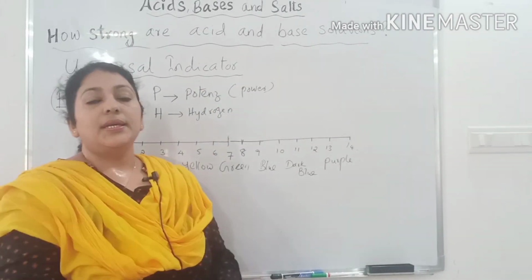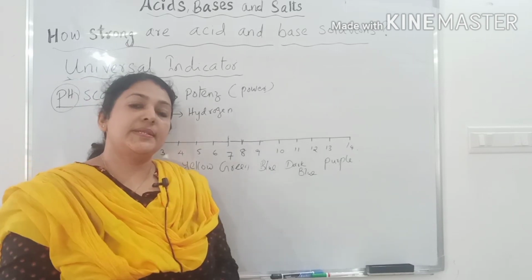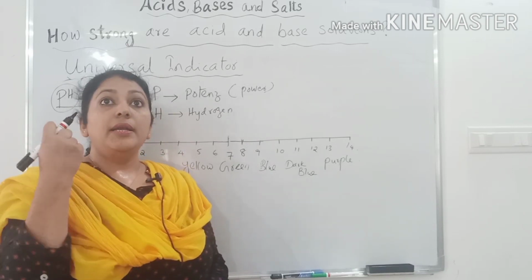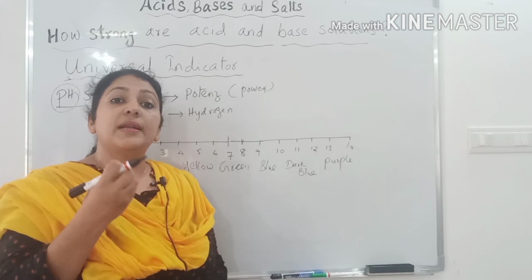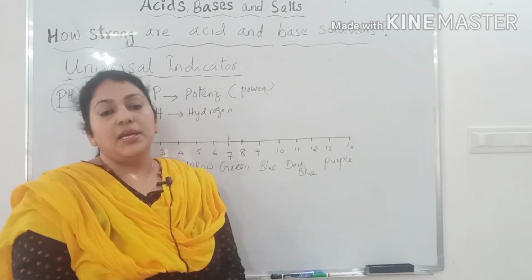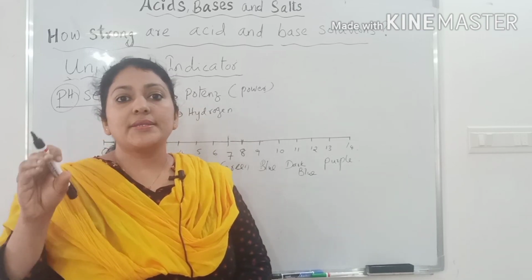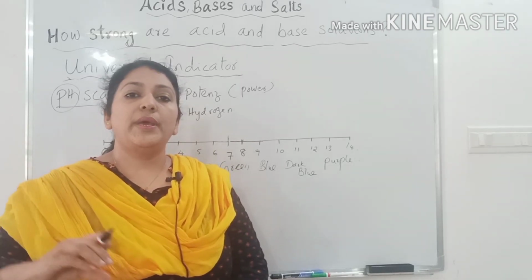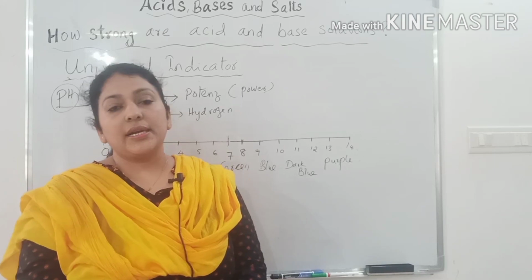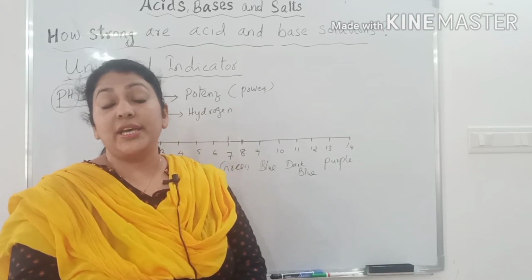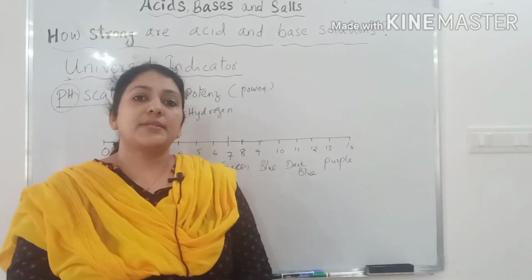We know that the strength of an acid is decided by the number of H plus ions released per unit volume. In the previous class we discussed strong acid, weak acid, strong base and weak base. How can we classify a strong acid and a weak acid?